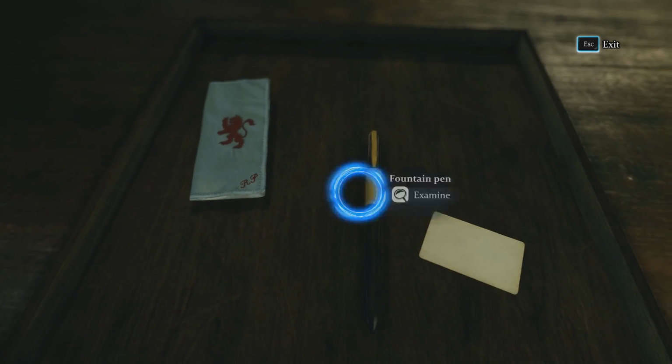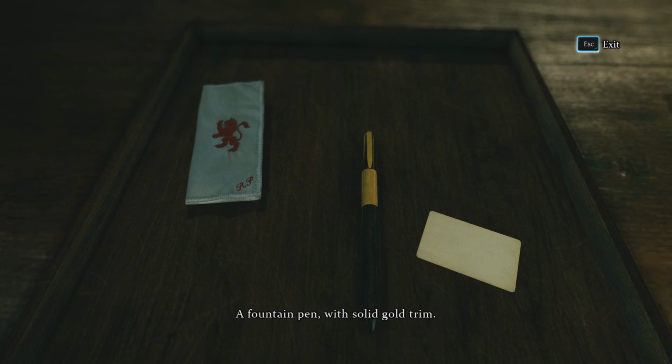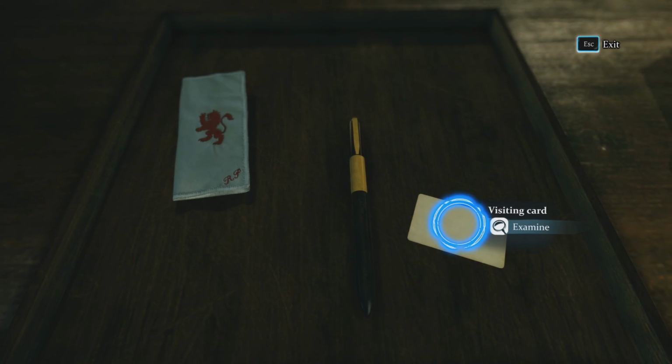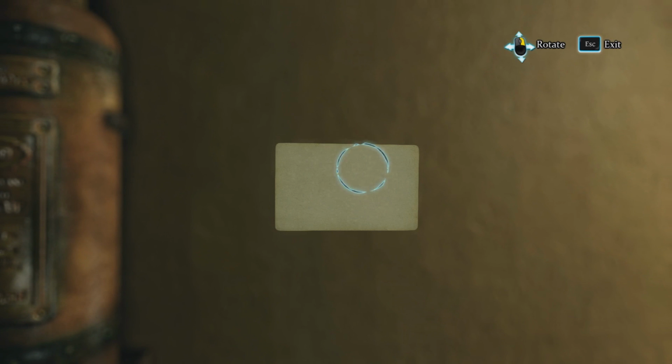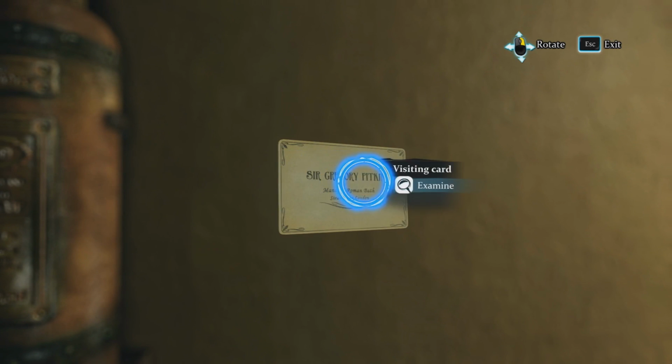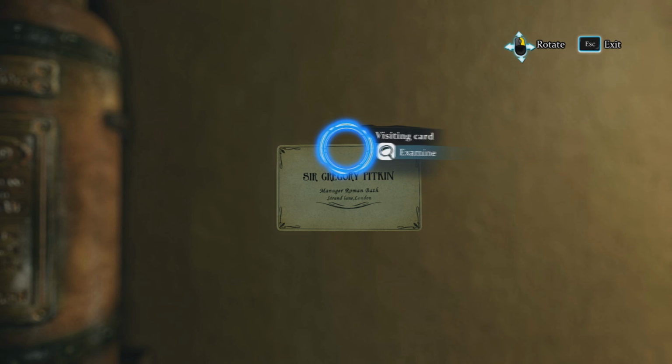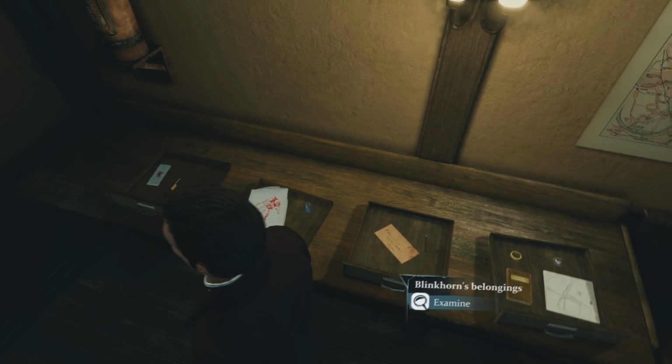Okay. A fountain pen with solid gold trim. Fancy. Sir Gregory Pitkin, manager, Roman Bath, Strand Lane, London. Sir Gregory Pitkin's visiting card. Okay.